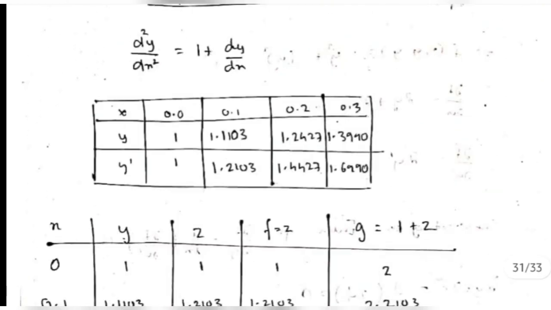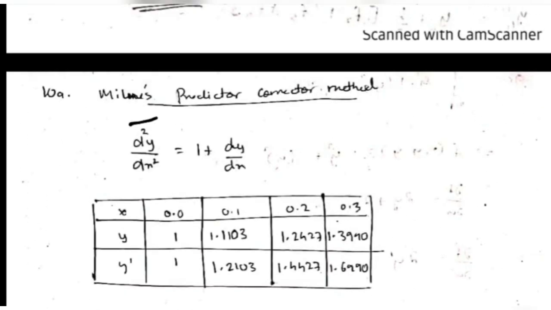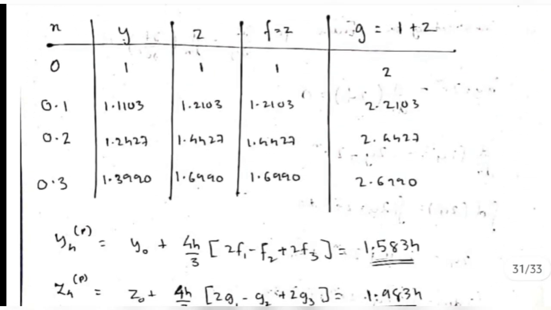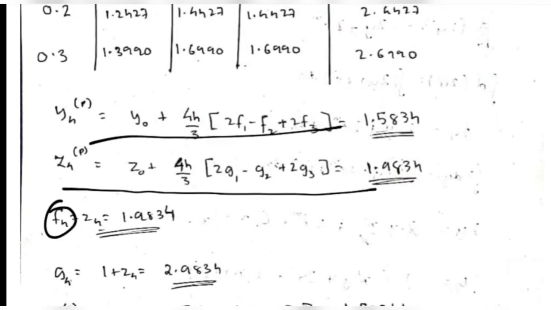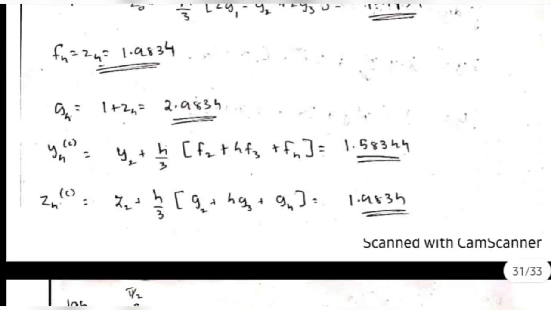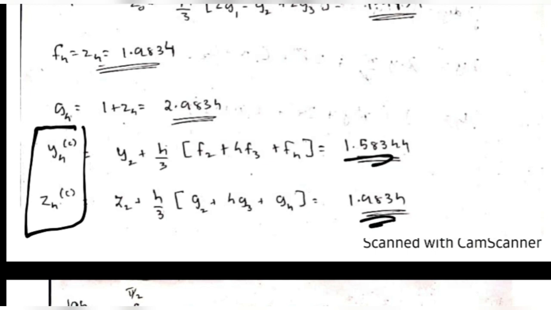See how to find g from this equation: d square y by dx square is g, and this is z, dy by dx. Using that we find the g values, and using all these values we find f4, using these two formulas. Then after getting f4, you apply these values in y4c and z4c, and these are the final answers.